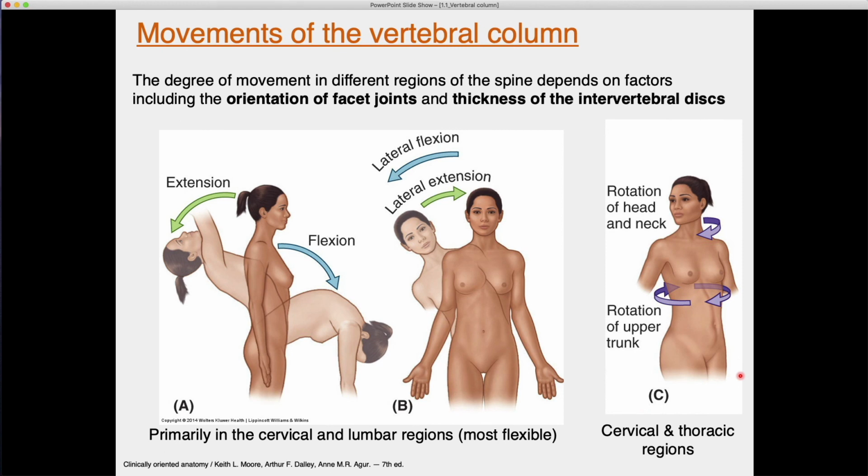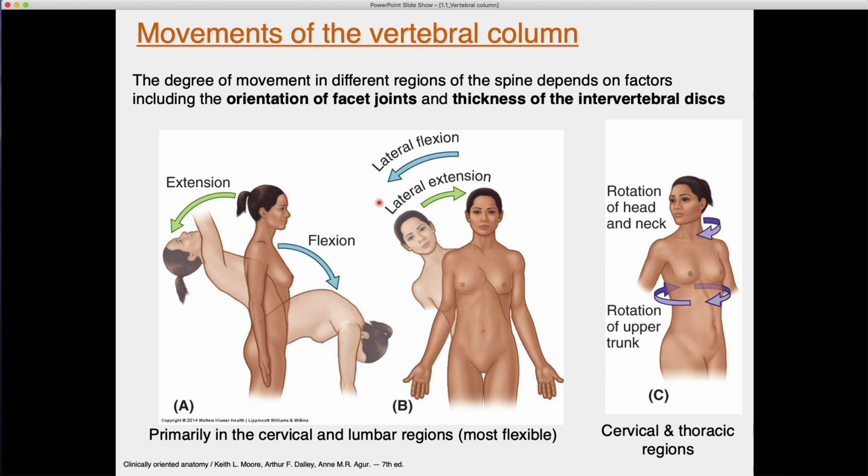So, reaching the end of our session, let's talk about the different movements in the vertebral column. The movements that happen at the level of the vertebral column include flexion and extension. We also have lateral flexion when we bend the body either to the right or to the left away from the midline, and lateral extension when we bring it back to anatomical position.